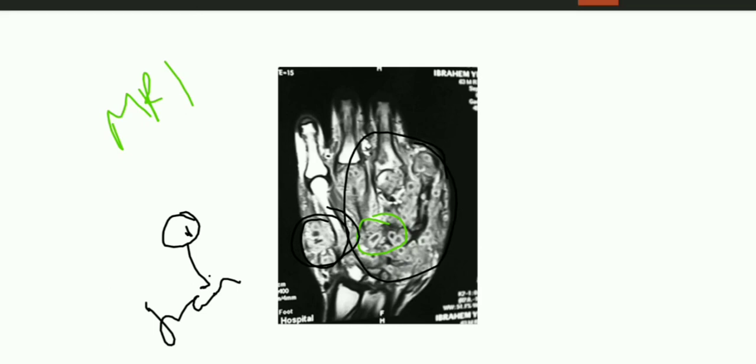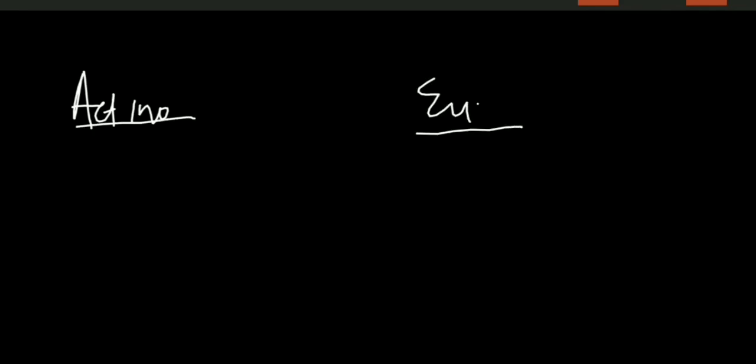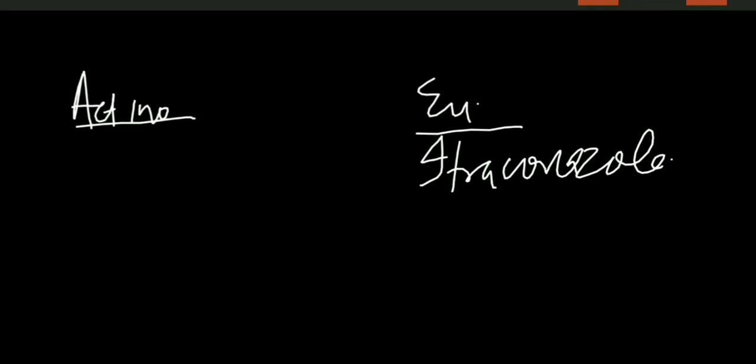Now let's study about the treatment. So treatment is different for both. So it is important to know which one is this, whether it is actinomycotic mycetoma or it is eumycetoma. First of all, you have to identify by all these investigations. And if it is Mycetoma, what you can do is itraconazole. Whereas in actinomycotic mycetoma, there is a regimen called a Welsh regimen.